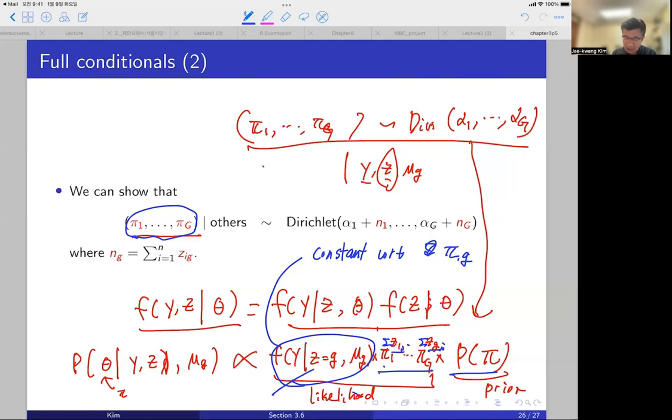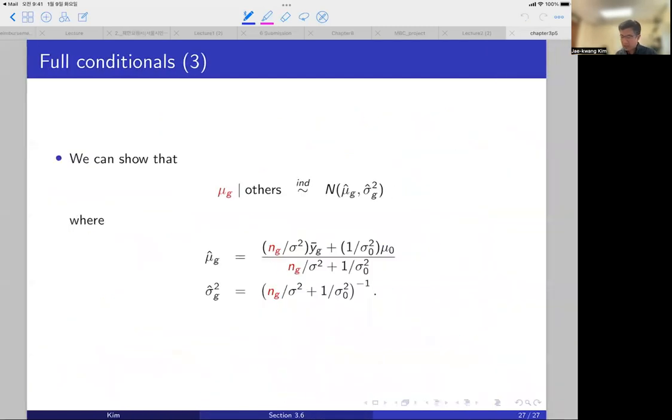So that actually becomes a Dirichlet distribution, because if you look at pi 1 to pi g and alpha 1 to alpha g, the power corresponding to each pi component is just the addition of two things, with a minus 1 here. So that becomes a Dirichlet distribution.